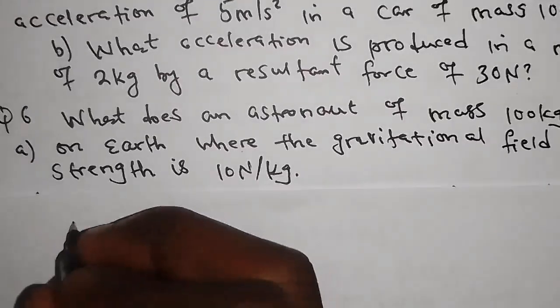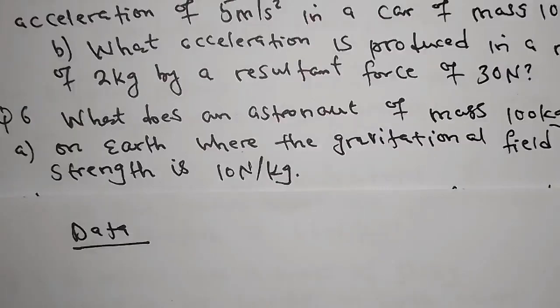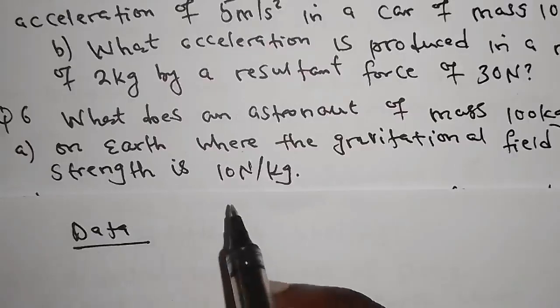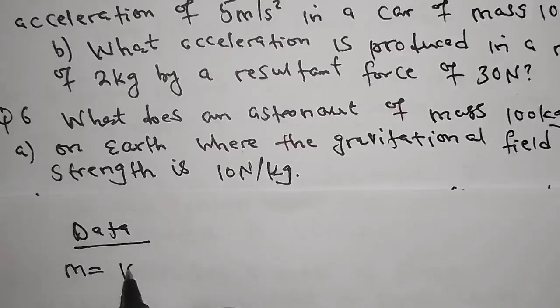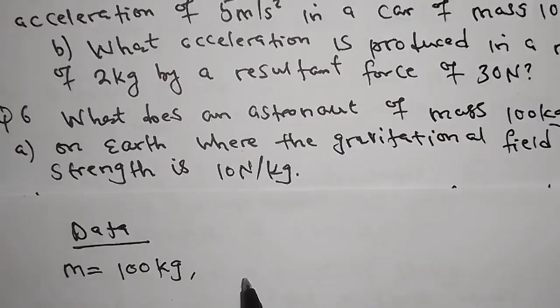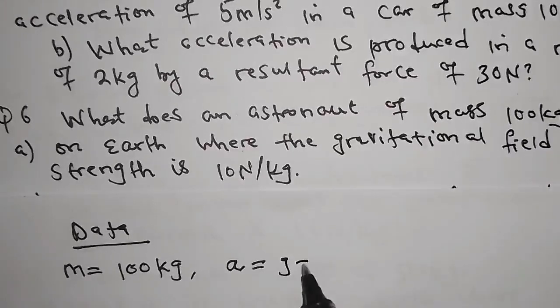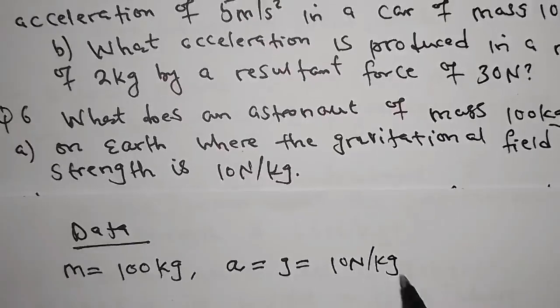Again, you have to collect the information. The mass, m, is 100. And the gravity, meaning the acceleration due to gravity, A is equal to g equals 10 Newton per kg.